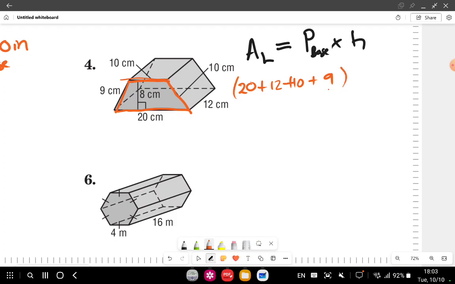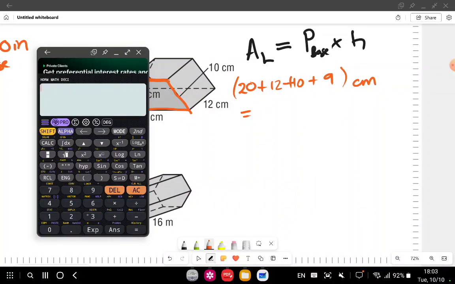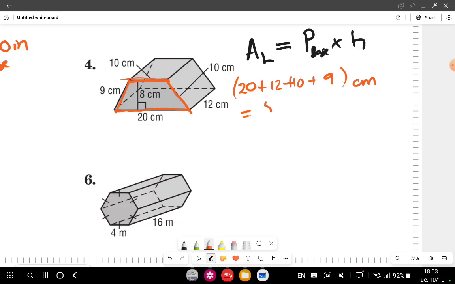All of this is in centimeters, and that's going to give me 51 centimeters for the perimeter of the base.